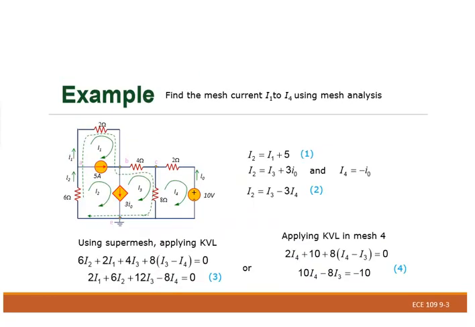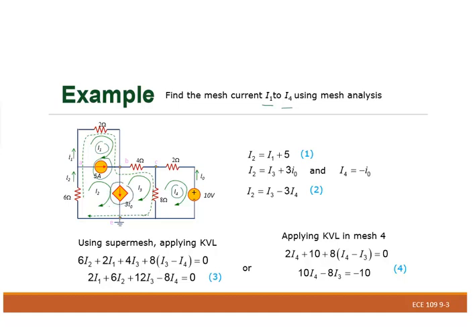Example 1. In this example, we need to find the currents I1 and I4. I1 is right here, I4 is right here. If you look at this circuit, we will see one current source between the meshes, and another dependent current source.